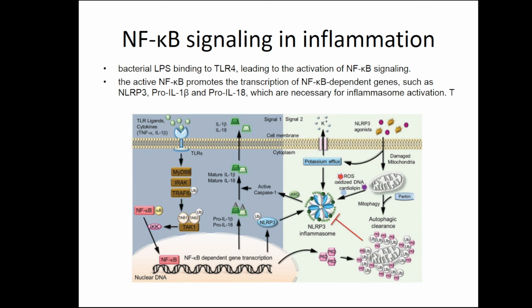And next, you can see NF-kappa B signaling in inflammation. Here you can also see the receptor, which has an outside part, an intramembrane part, and an inside part. You can also see the ligands which will connect with this receptor.